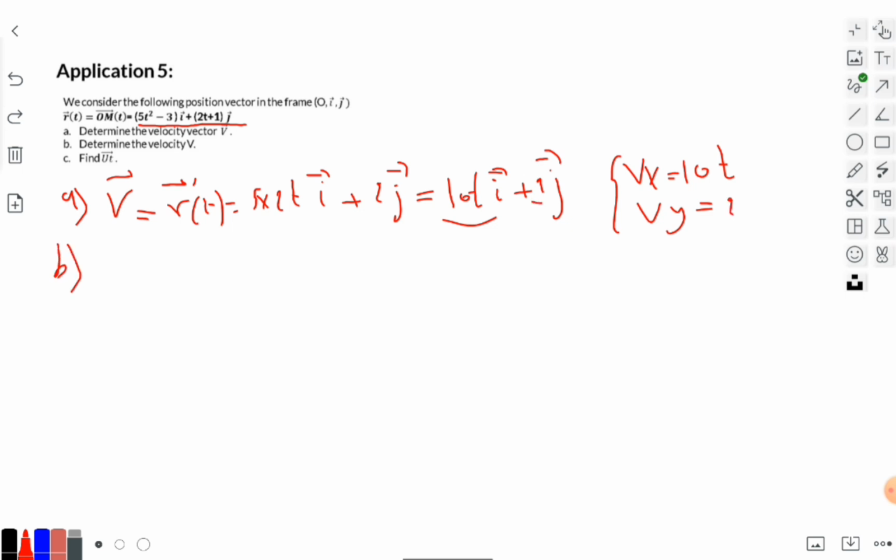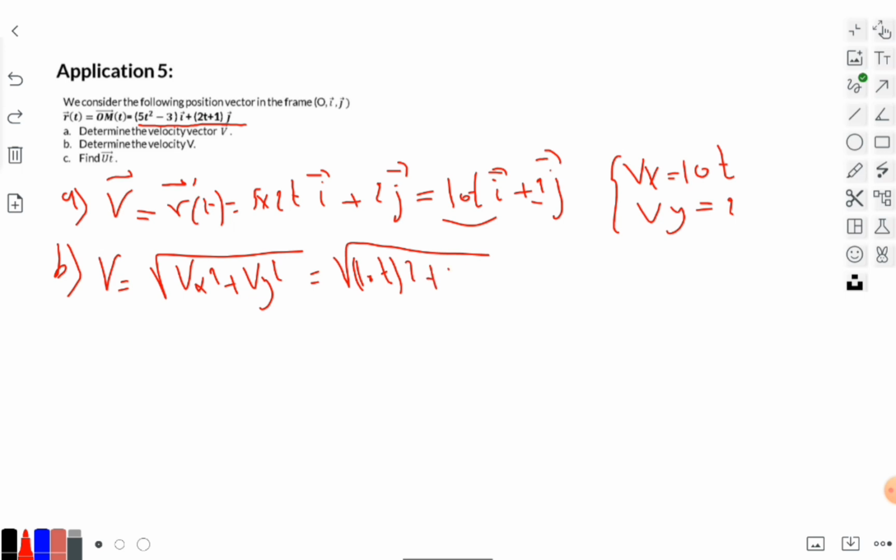Part B. Determine the velocity V, so its magnitude. V equal radical Vx squared plus Vy squared, it's equal to radical (10t) square plus 2 square, we obtain radical 100t square plus 4.